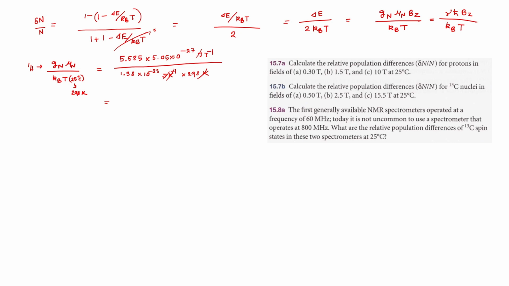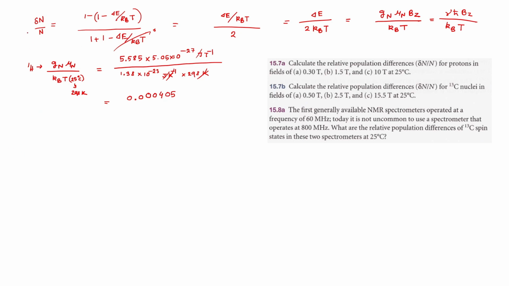The value will be 5.585 into 10 to the power minus 27 divided by 1.38 divided by 10 to the power minus 23. This is coming as a value of 0.0000405, something like this. I am taking this many decimals so that you will understand.